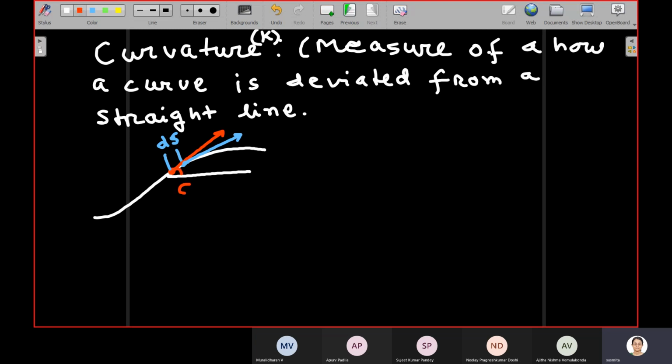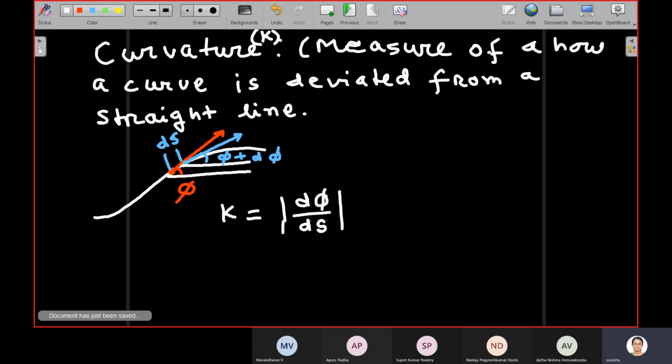Then this angle is phi, and this angle is phi plus d phi. So the curvature is given as this change in phi over distance ds, or per unit distance ds along the curve. So this is curvature.